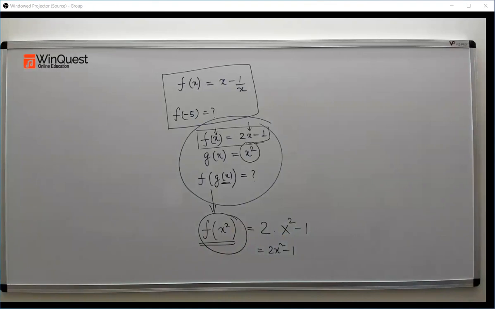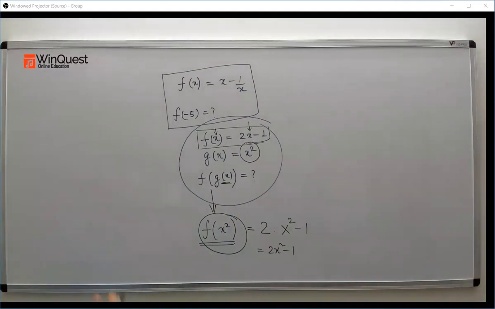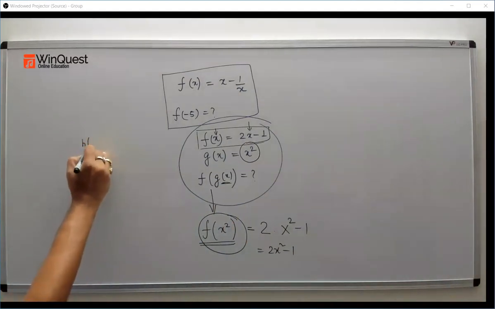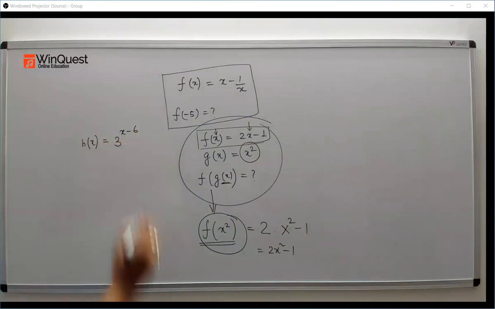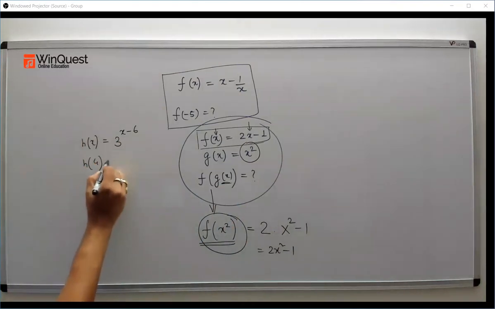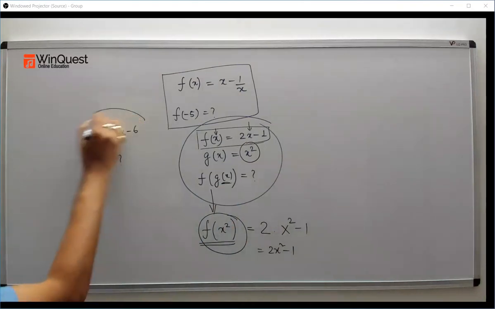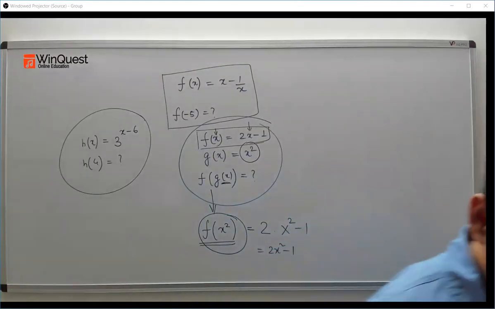Now, there could be some level of exponents involved. It depends on the type of question. For example, I say h of x is equal to 3 to the power x minus 6. What is h of 4 equal to? Will everybody be able to do it? 3 to the negative second.